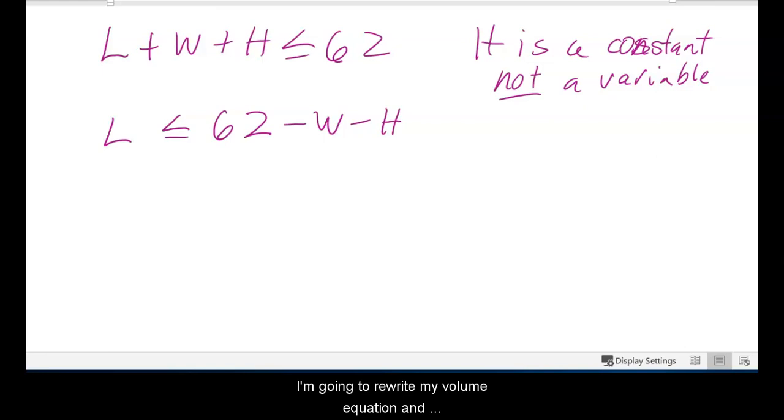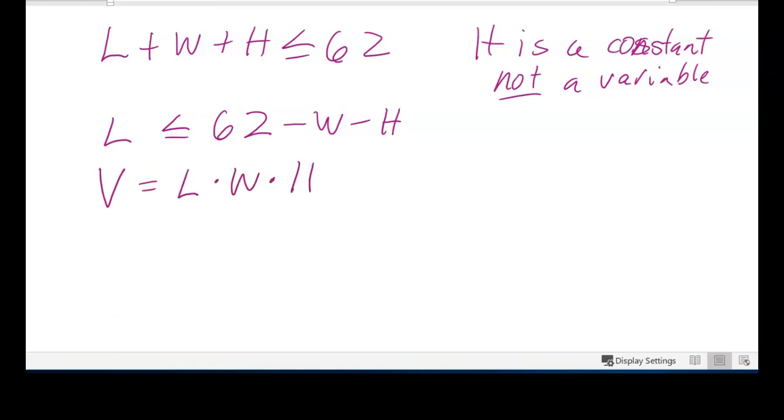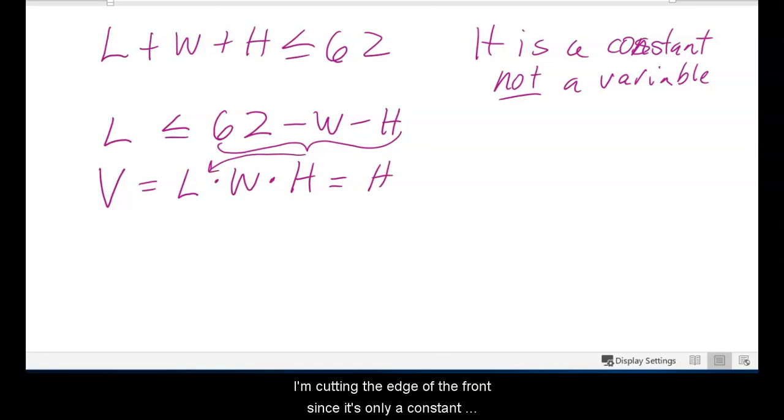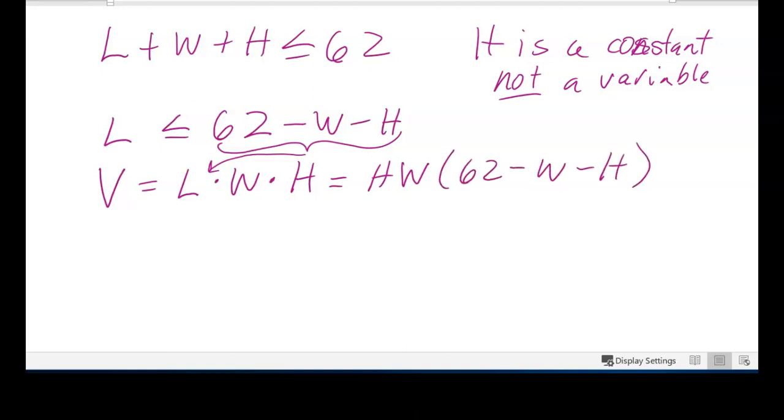Now I'm going to rewrite my volume equation and substitute out for L. So volume is length times width times height. And if I replace L with what I have here, then I end up with, and I'm putting the H at the front since it's only a constant, H times W times (62 minus W minus H).